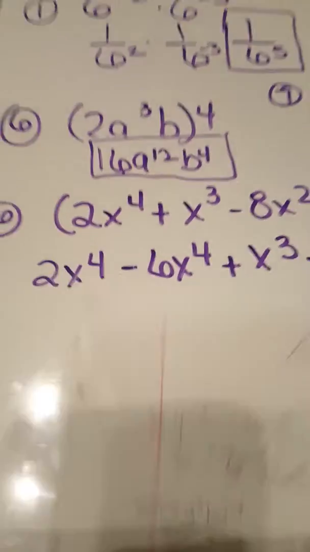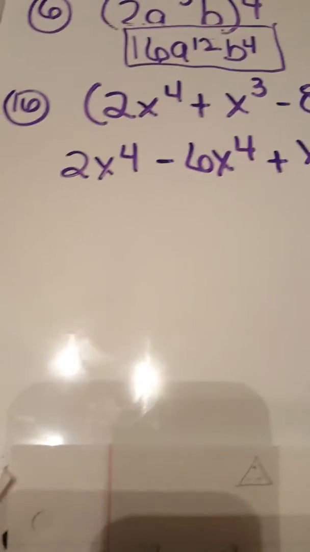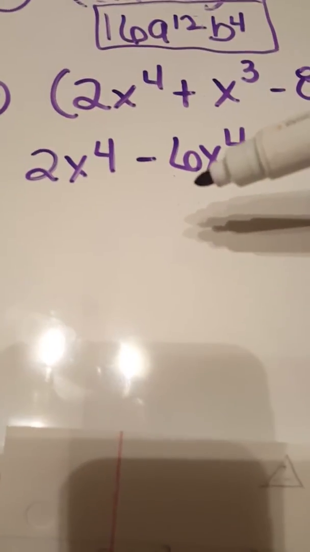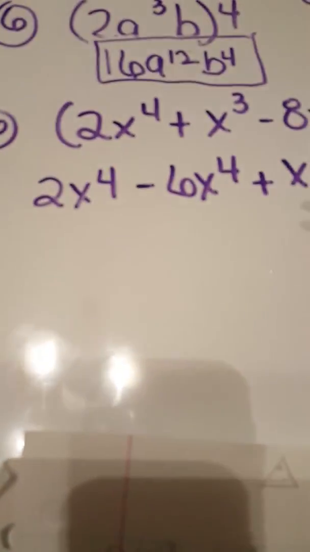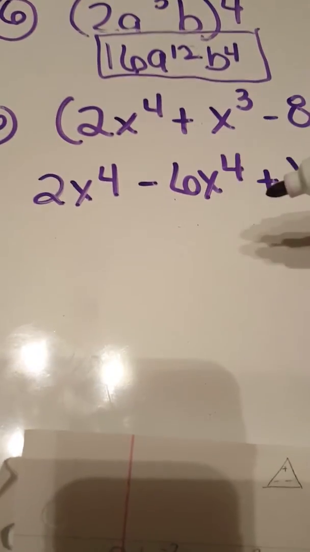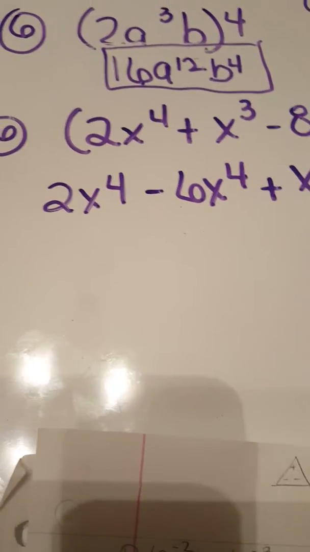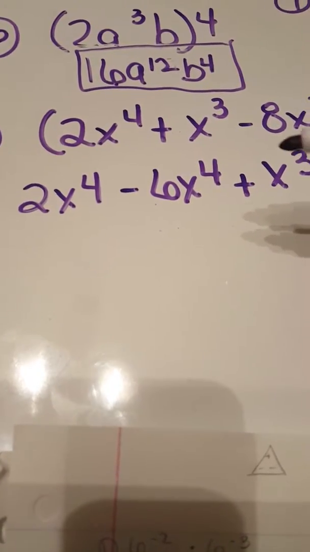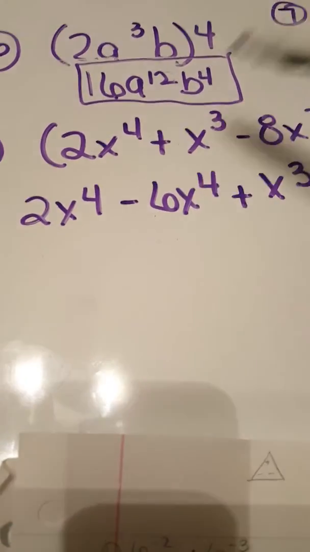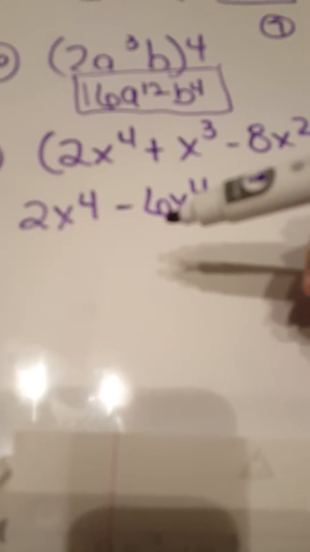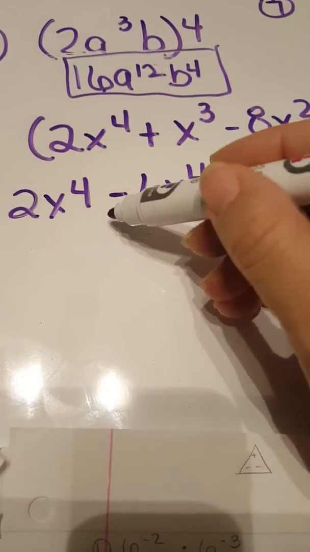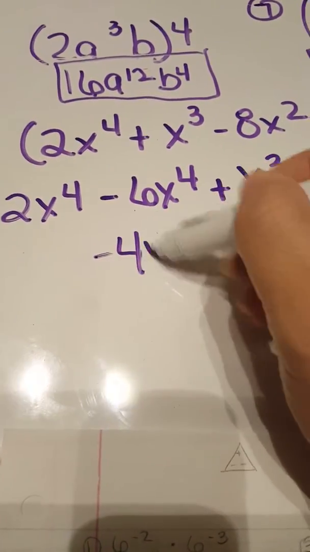And I'm just, like I said, I had already worked these problems out. So I'm just trying to get them done here and get them put on the whiteboard. So anyway, we have the 2x with the negative 6x, which would bring me to a negative 4x.